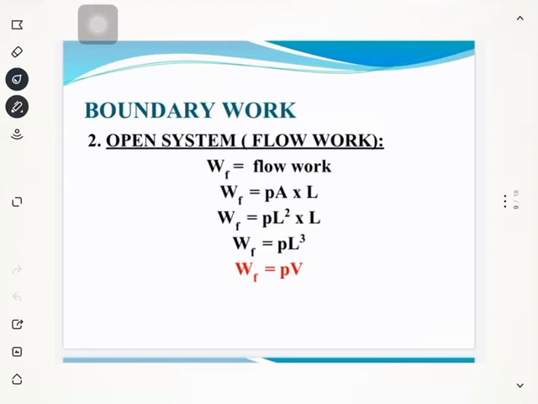Okay, the flow work, WF, is pressure times A times L, or we can write that as P L squared times L, and P L cubed, and we know that L cubed is also a volume, so we have WF is P times V.